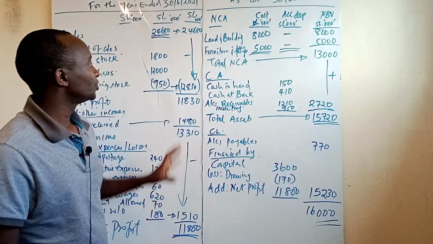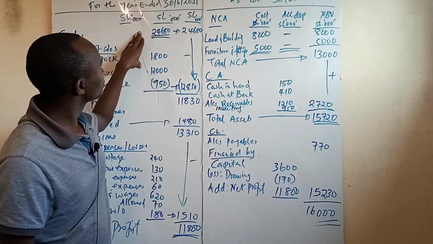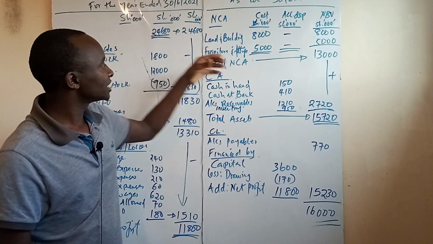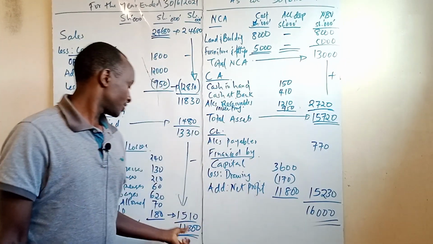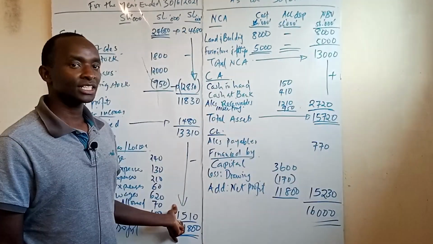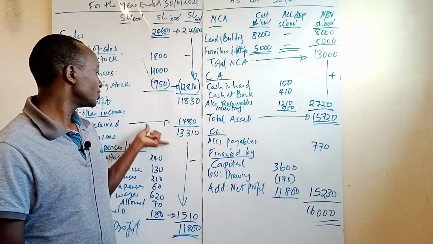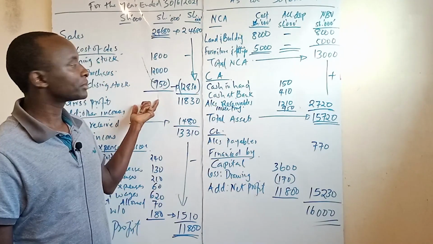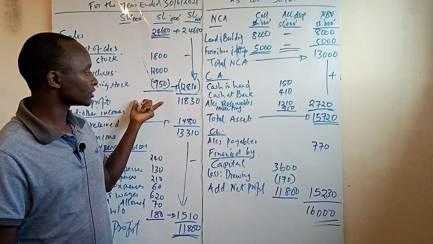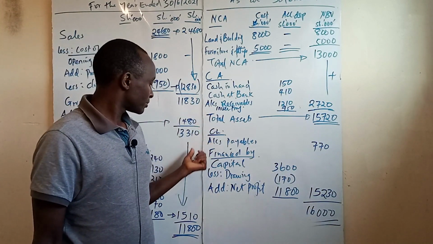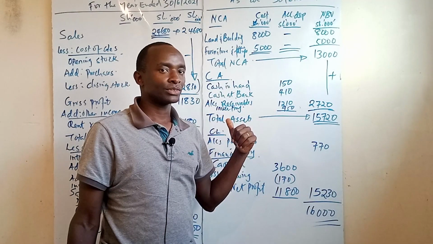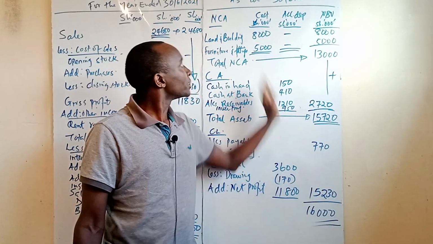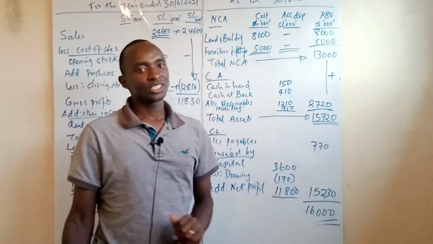So I wanted to show you the relationship between the income statement and the statement of financial position. If the profit is affected due to any error in the preparation of this statement of profit and loss, that problem is going to be escalated to the statement of financial position, and it will affect the balancing of the accounting equation.